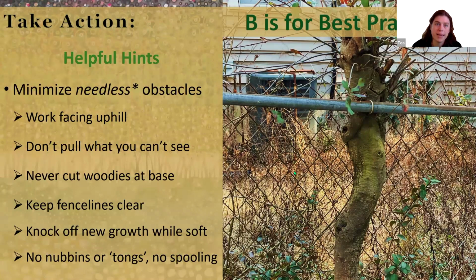Moving on to B. So B is for best practices, which is really just about what are the helpful hints that I've discovered doing this work that, you know, I know now that everyone should avoid. This photo is a great example of something you should always avoid.